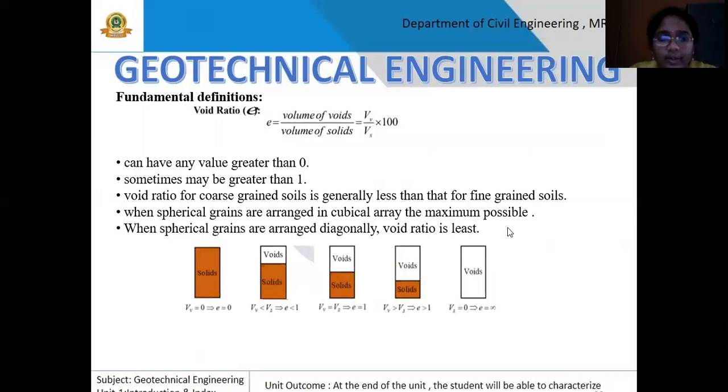So coming to the fundamental definitions, that is the void ratio. These definitions are also very important so that you will be able to develop the relationship between all the other quantities in the three-phase or two-phase systems. The void ratio is always denoted by e, small letter e, and it equals the ratio of volume of voids to volume of solids.